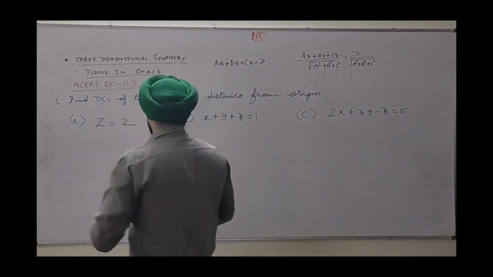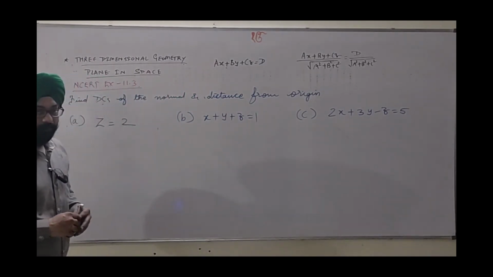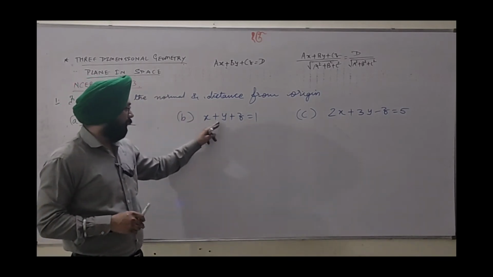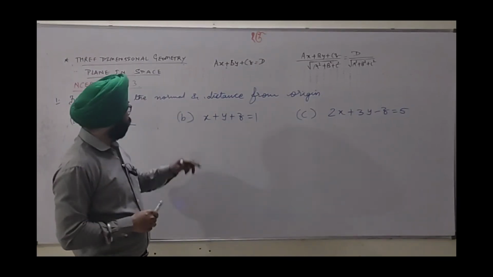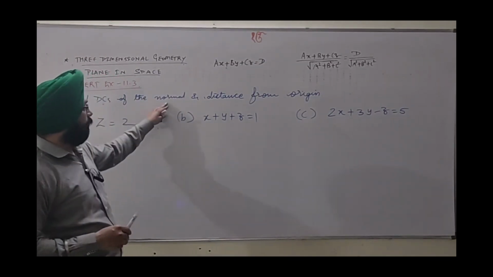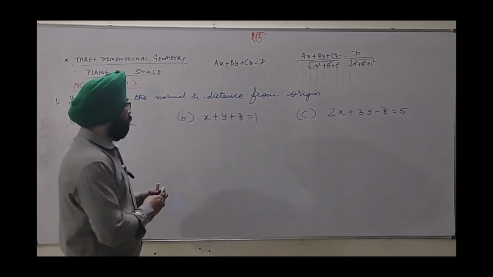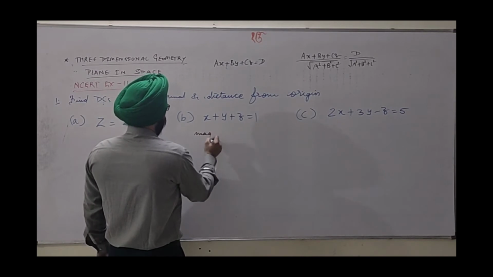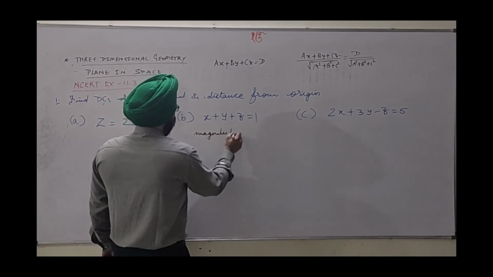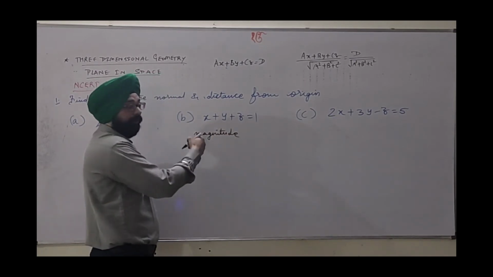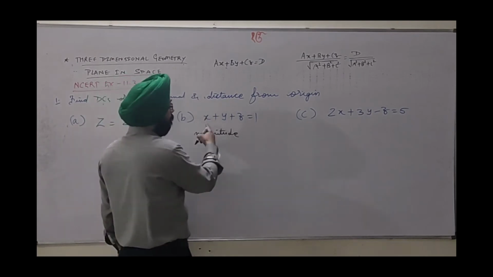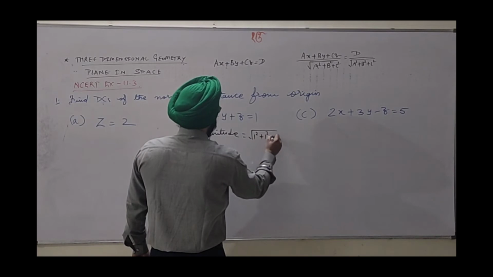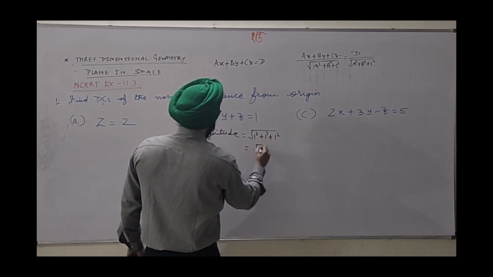Here we come. First of all, we would like to solve this part b. This is in standard form actually. Here the values of a, b, c are the same. So we need the direction cosines of the normal and the distance from origin. Do not forget the magnitude; this is the magnitude of the vector perpendicular to this plane. It is under root 1 square plus 1 square plus 1 square, which comes to root 3.